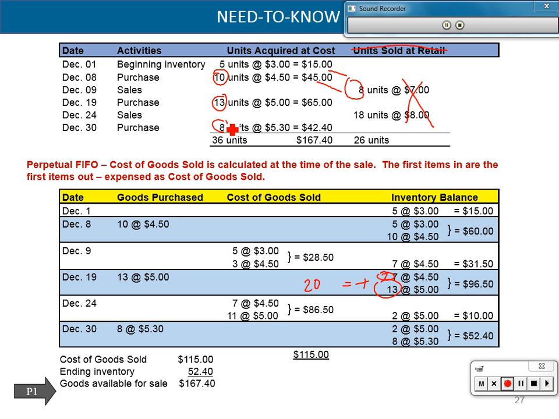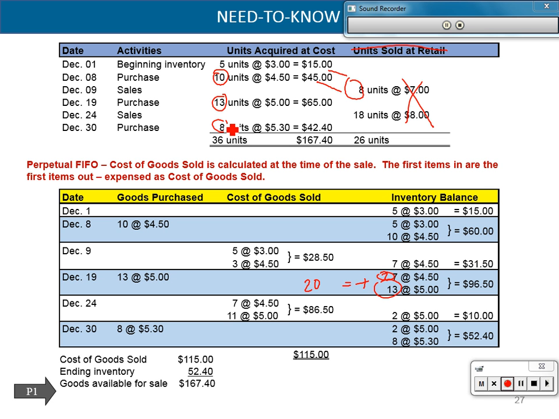But before we get to that, because I think y'all are passing over what I'm asking, where does our cost of goods sold come from? The purchase prices? The 45, the 65, and 42.40. Well, technically not the 42.40.